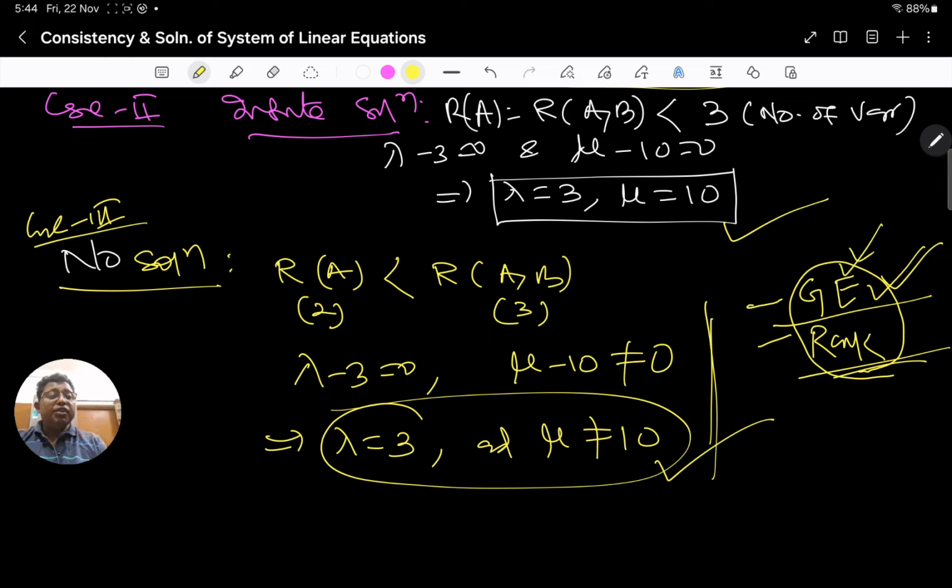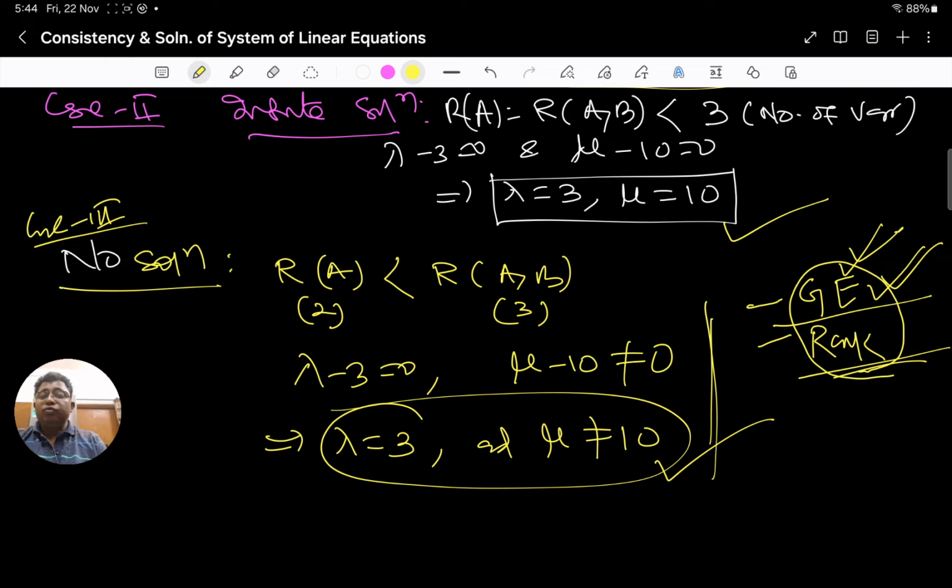In the Gauss elimination technique, I have solved many examples where I have discussed the cases of infinite solution, no solutions, and unique solutions. So in those problems, you should adopt this Rouche's theorem, the consistency technique.